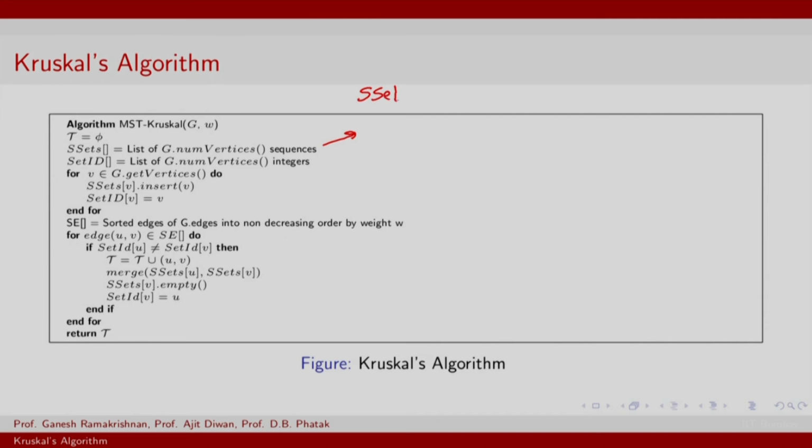S sets 1 will be a sequence sorted in increasing ID of vertices in tree 1. In general, S sets I will have the sequence of vertices in tree I.